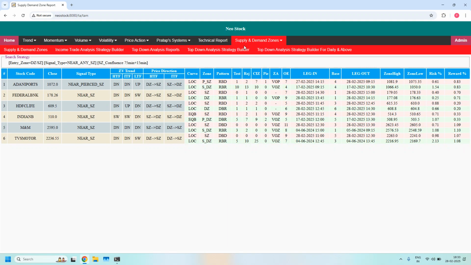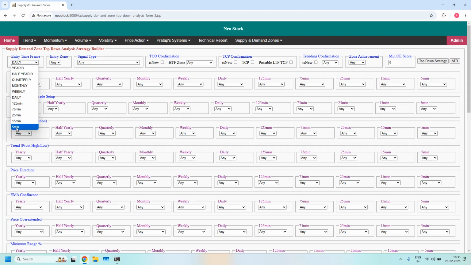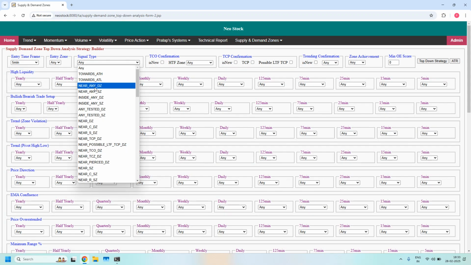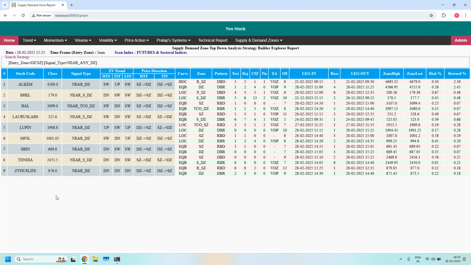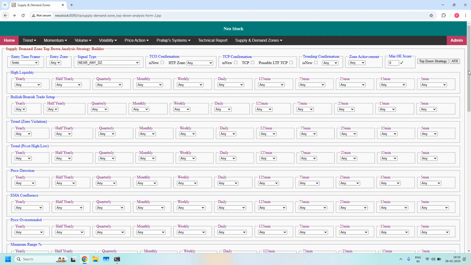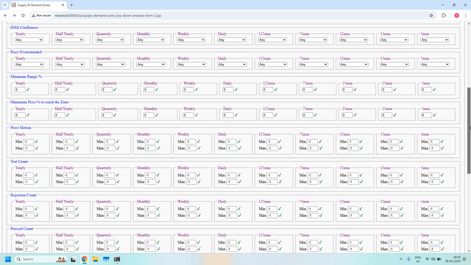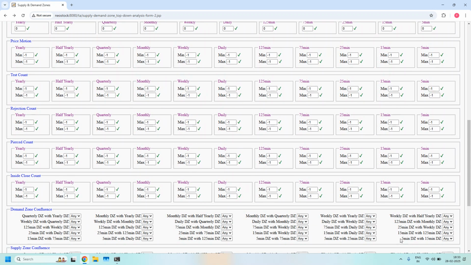Okay, next time frame is 5 minutes. Stocks near 5 minutes demand zone. We got 9 stocks. Okay, let's verify out of these 9 how many are having ITF demand zone confluence. That is 5 minutes and 15 minutes demand zone confluence.